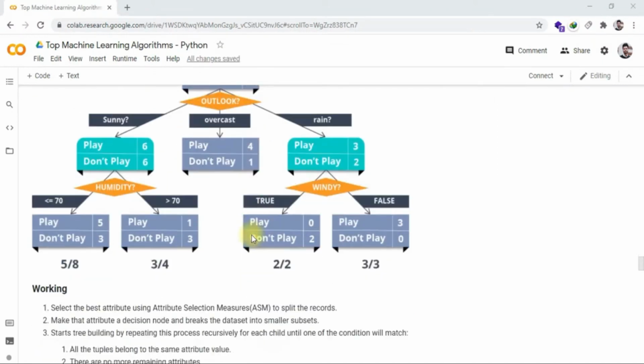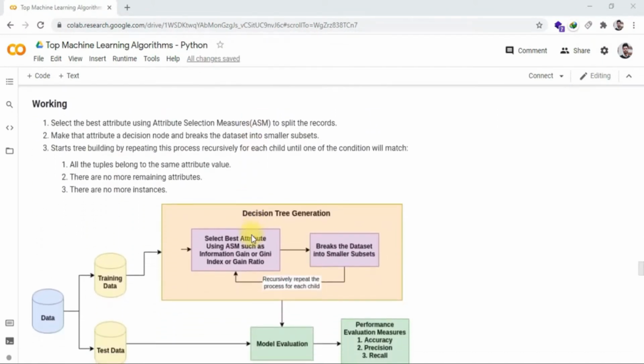Now I will tell you about the internal working. It finds the best attribute using attribute selection measures to split the records. There are many selection measures in decision tree algorithms like Gini and chi-squared, but we will just concentrate on the internal working here.